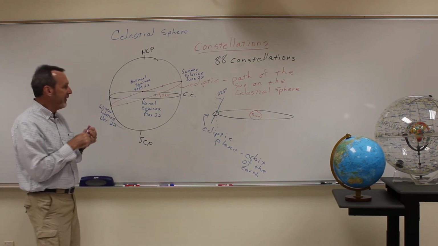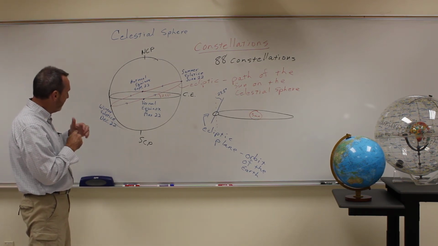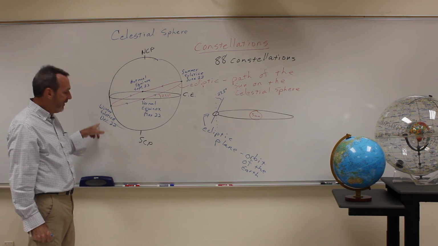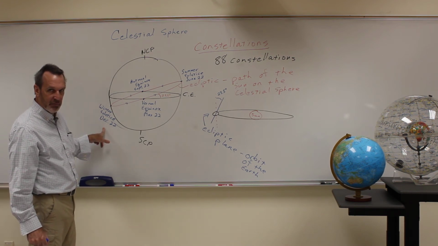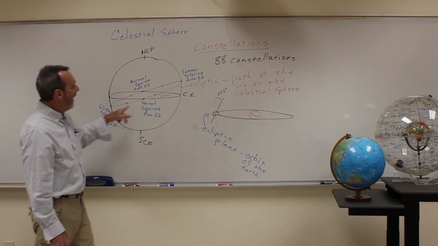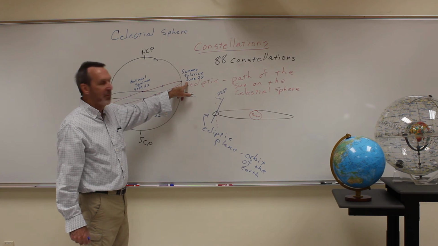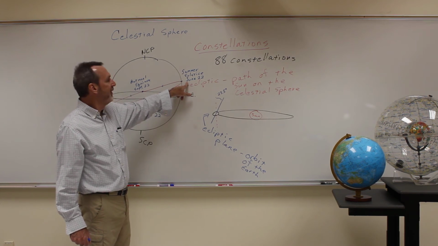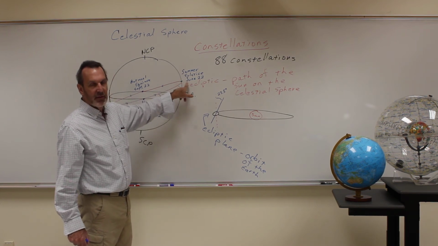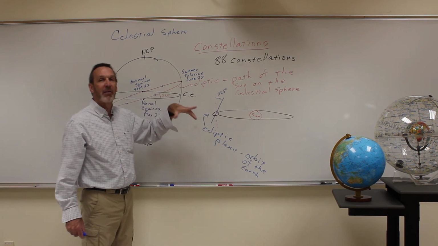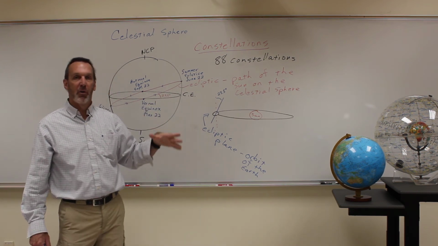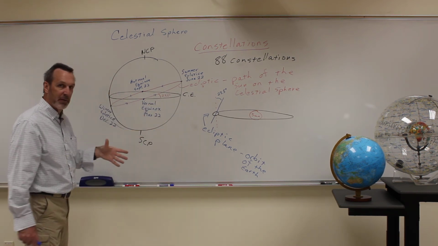You probably know that this day, the winter solstice, in the northern hemisphere, is the shortest day of the year. We have the least amount of daylight, most amount of night. Opposite that is June 22nd, the summer solstice, when we have the maximum amount of sunlight, the least amount of night. The extreme gets higher and higher the further north you go, and I'll show you why in just a minute. All right.